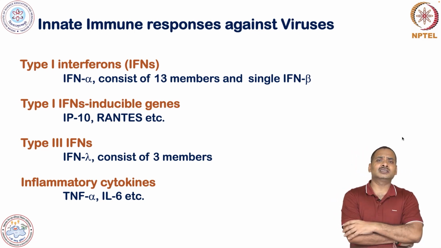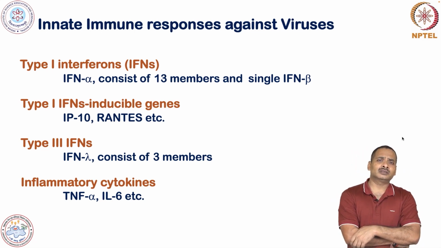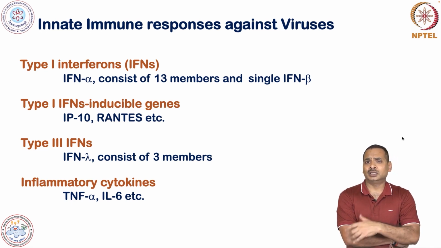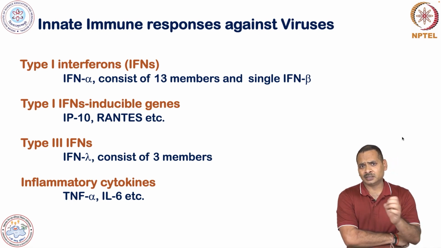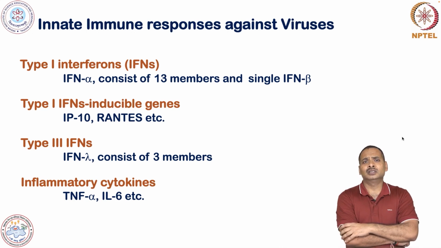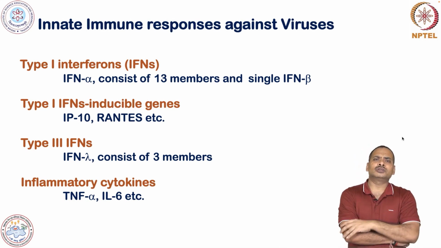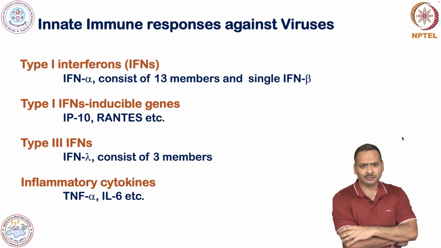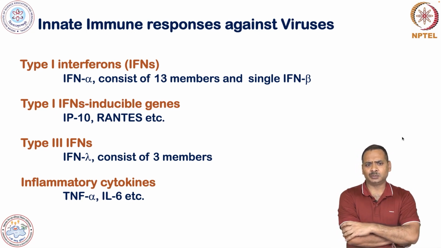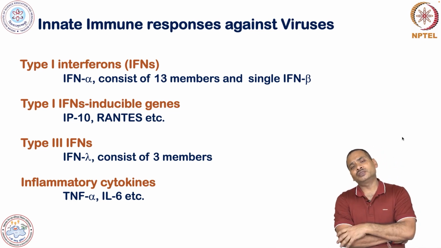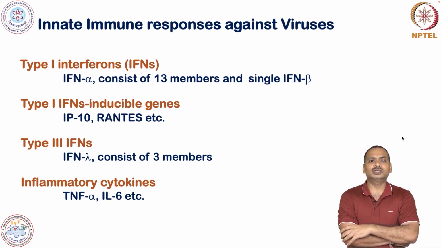Then there is the trigger of cell death, and cell death is triggered by various other PRRs. Mainly those PRRs are derived from NLR members, where AIM2 also comes into the picture. I will discuss that in a subsequent slide. Here I will show you how type 1 interferon and inflammatory cytokines work.